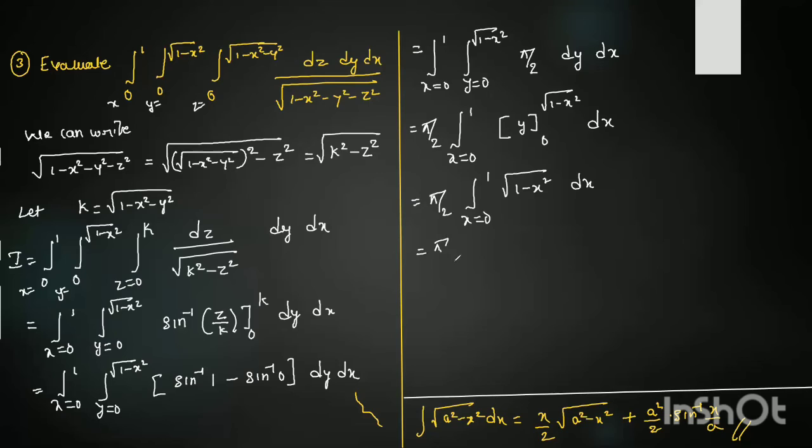It's equal to pi by 2 times, in bracket, x by 2 square root of 1 minus x square plus a square, which is 1 by 2, sine inverse of x by 1, from 0 to 1. Now substitute the limits and tell me the answer.